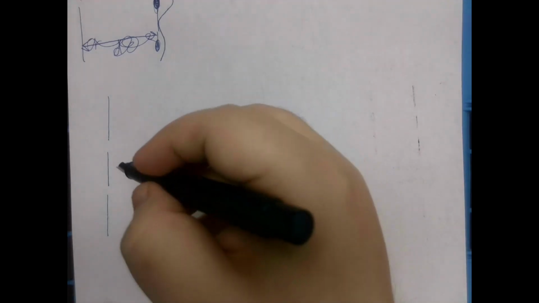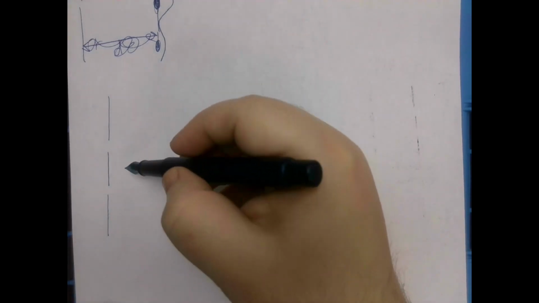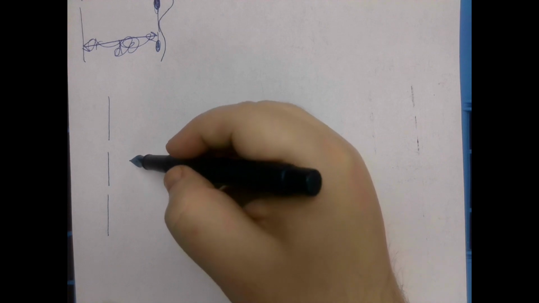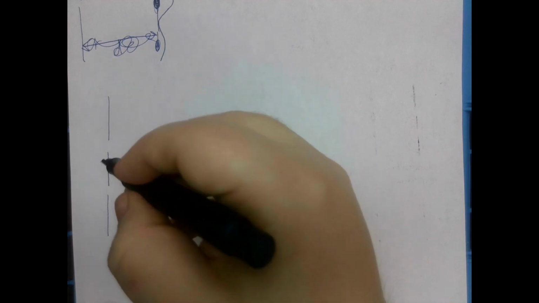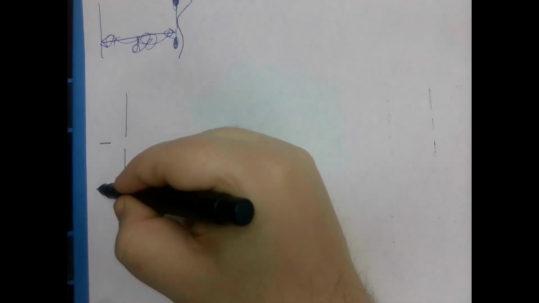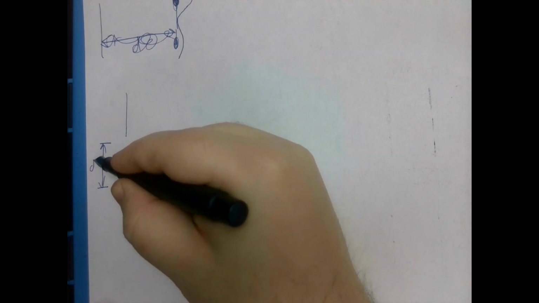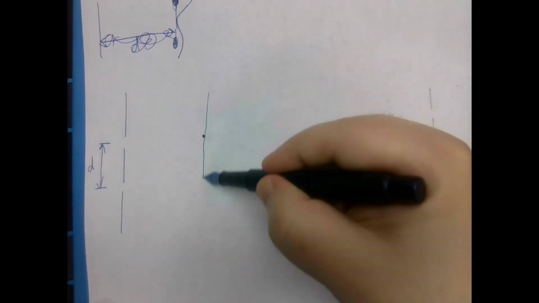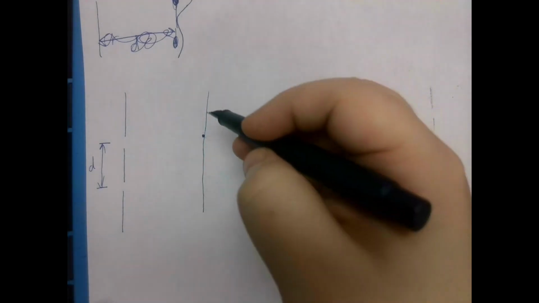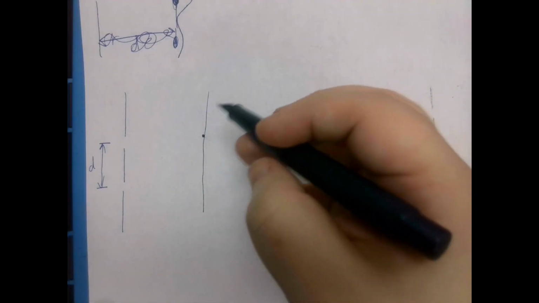Let me just rewrite this. So I have some distance here between the slits. I have a wall on the other side. I'm going to draw an imaginary line that is perpendicular between them.